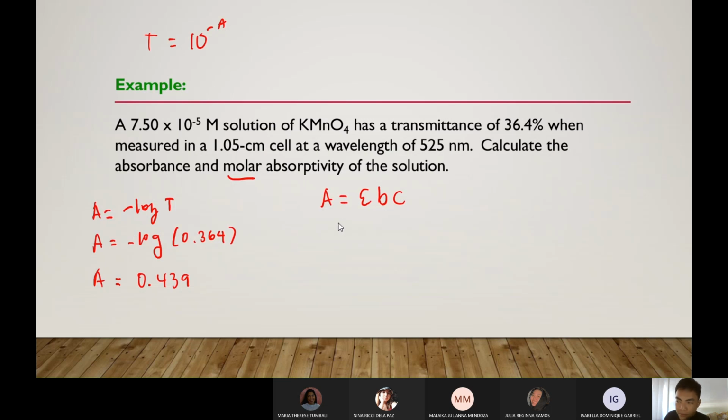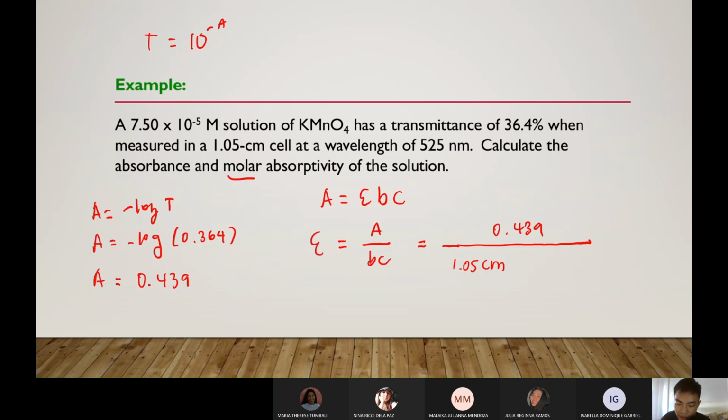Number lang yan. Okay? So, since we're looking for epsilon, the molar absorptivity, so we can rewrite this equation as absorbance over the cell length times the concentration. What's the absorbance? 0.439 over the path length is 1.5 cm. Centimeter gamit namin dyan. So, hayaan nyo na yan. Okay.